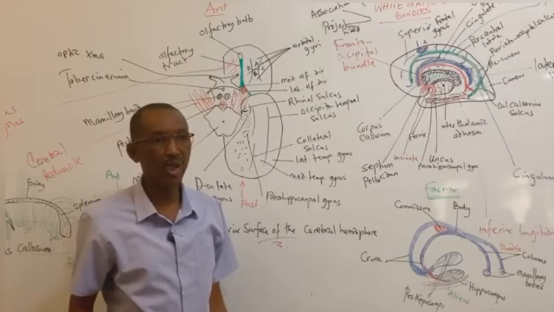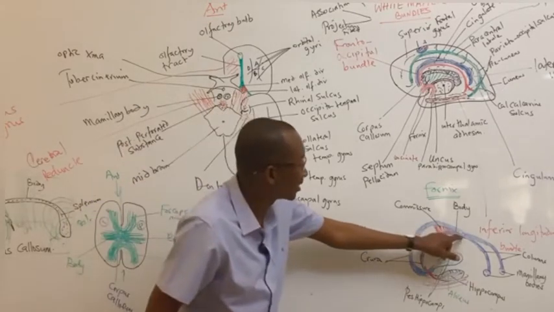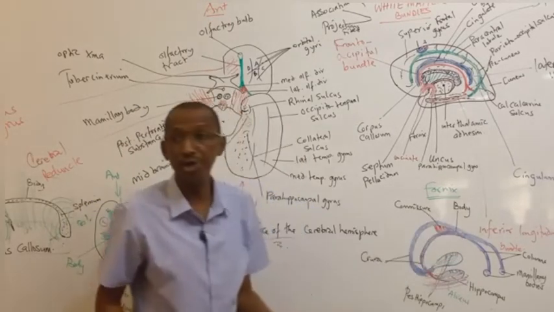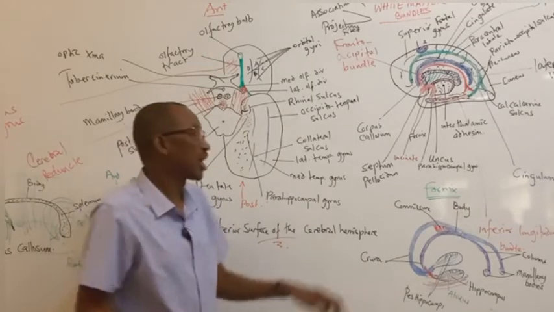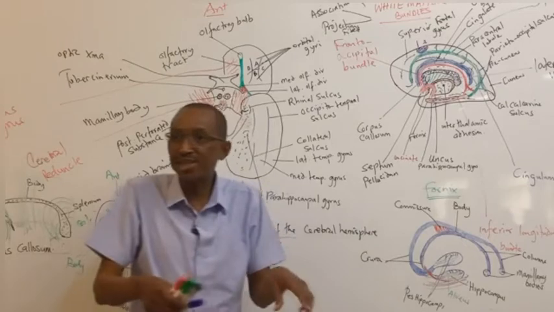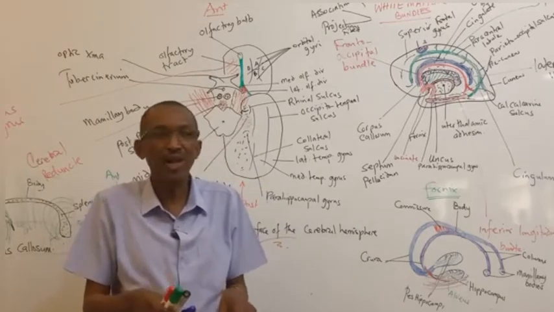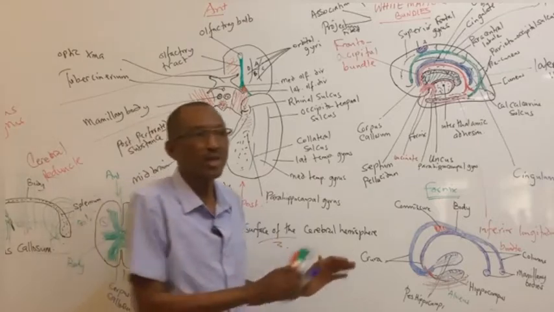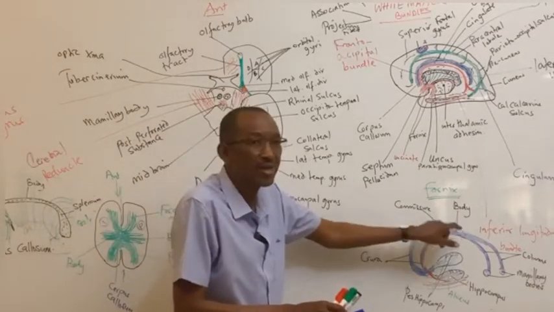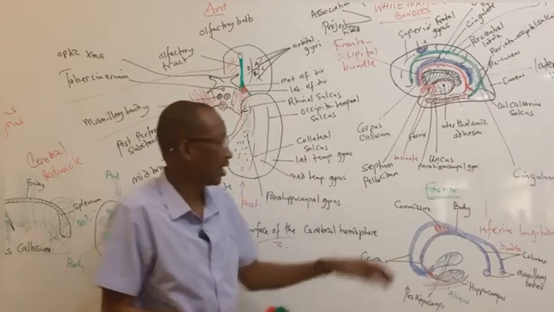Are you clear? Where they unite is what we call the body of the fornix. By the time they unite, they act as if they are one, while in the real sense, they are not one. Each one is separate, but they unite along the line.